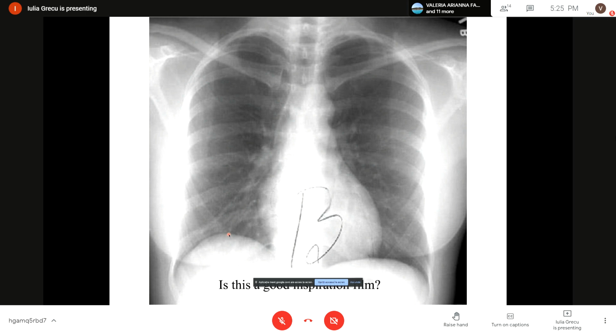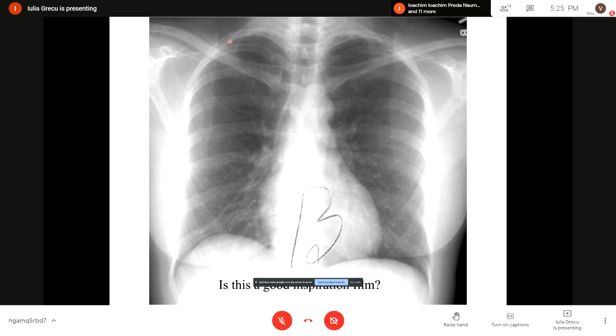So in order to determine if the inspiration was correct, we will have to look at the number of ribs that we can see on the frontal chest X-ray. And how do we do this? We start counting the ribs. Usually I do it starting from the posterior arch to the lateral and anterior.